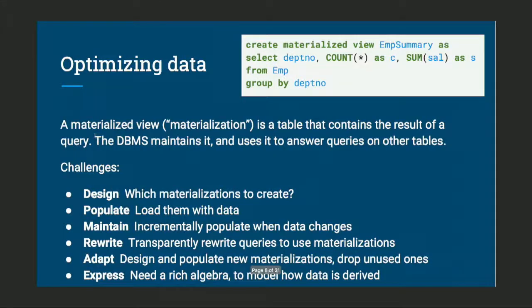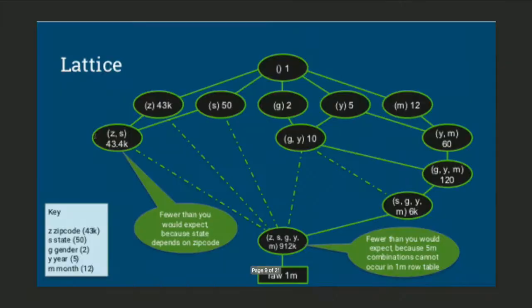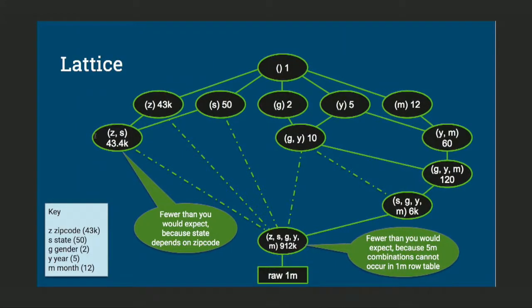Today I'm really focusing on how we design materializations. That's the motivating example that's driving this here. So when we look at a data set, a star schema or something like that, how we understand what possible summary tables could be created, the size of those summary tables is crucial.